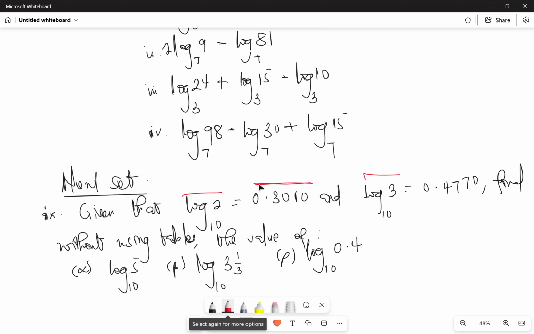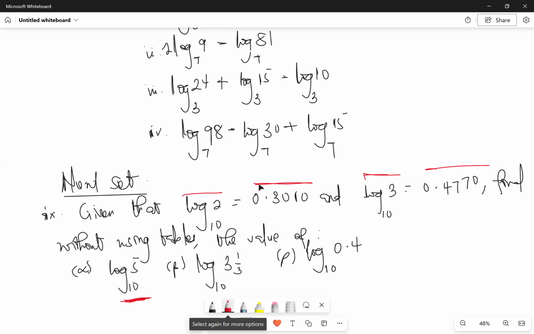Find log 3 on your calculator. Check if the answer is the same as what's in the question. If the answer is the same, then it means that when you use these to find log 5, log 3 whole number 1 over 3, and so on, the answer you get by solving manually must be the same as when you put log 5 base 10 on the calculator.